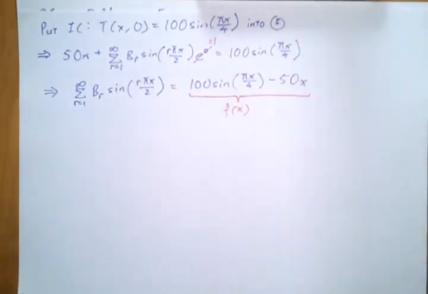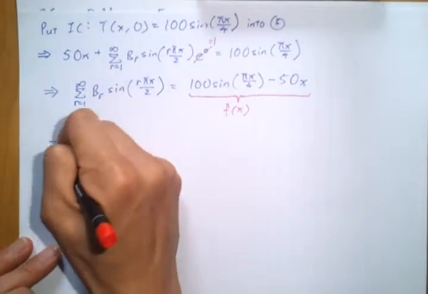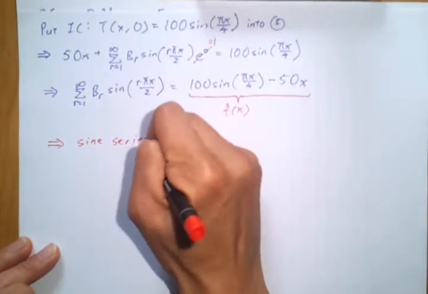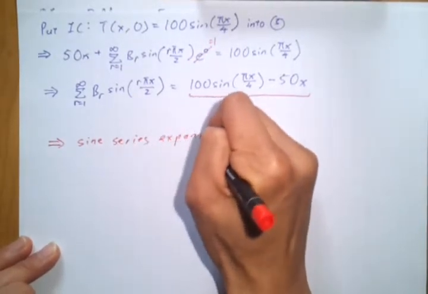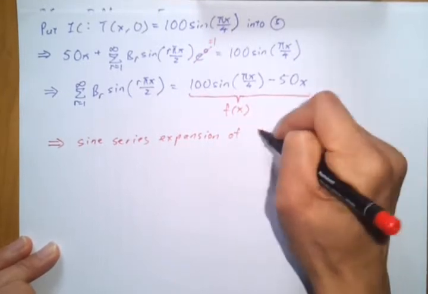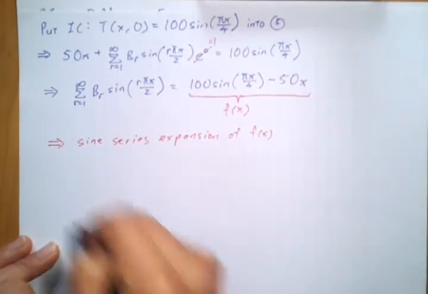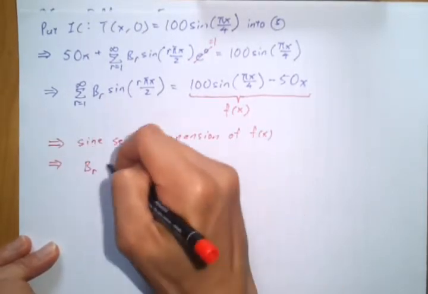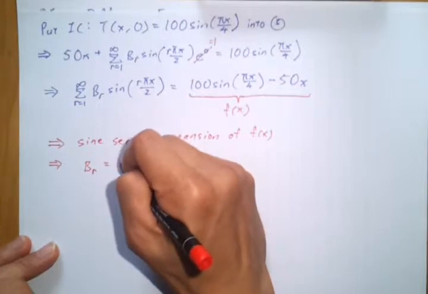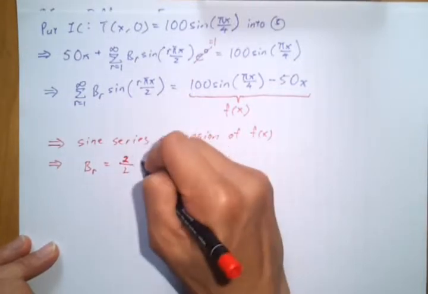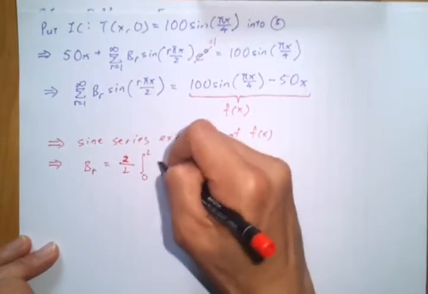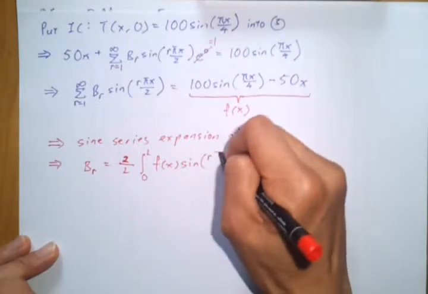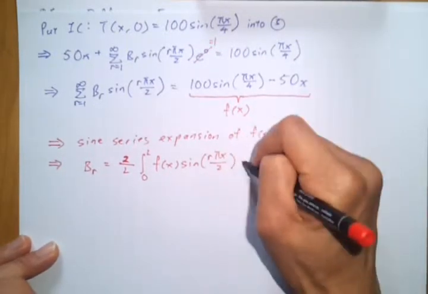Okay, so you can now see this is a sine series expansion of f of x, which means you can now use the sine series formula to find BR, which is given by 2 over L, integrate 0 to L, f of x sine r pi x over 2 dx.